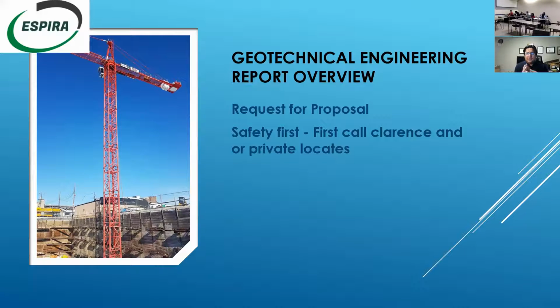When a proposal is accepted, the geotechnical engineer goes to work. First thing the geotechnical engineer does is place a locate call; in Alberta, it's called the Call Before You Dig service. In some cases, we need private locates to make sure that the area that we will be drilling is safe and hazard-free.